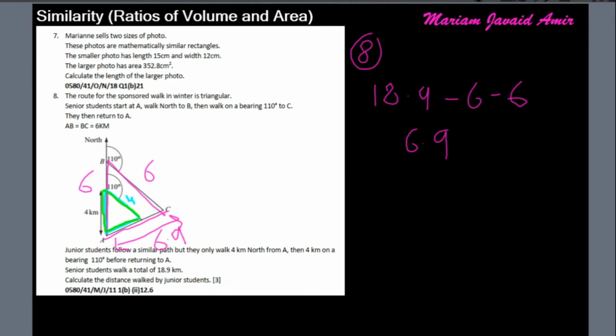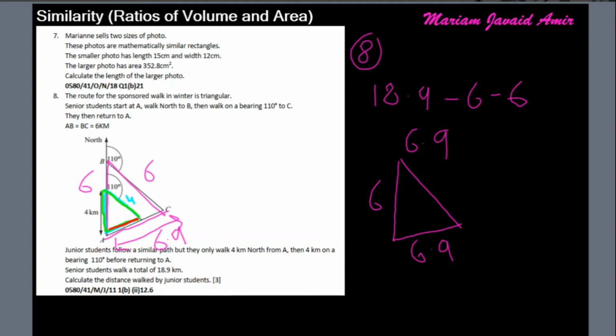If somehow I can manage to find this length, then I'll add the length in red with 4 and 4 to get the whole distance walked by the junior students. Now how do I get the length in red? Keep this in mind that these are similar triangles. So the whole length is 6 and this length is 6.9.